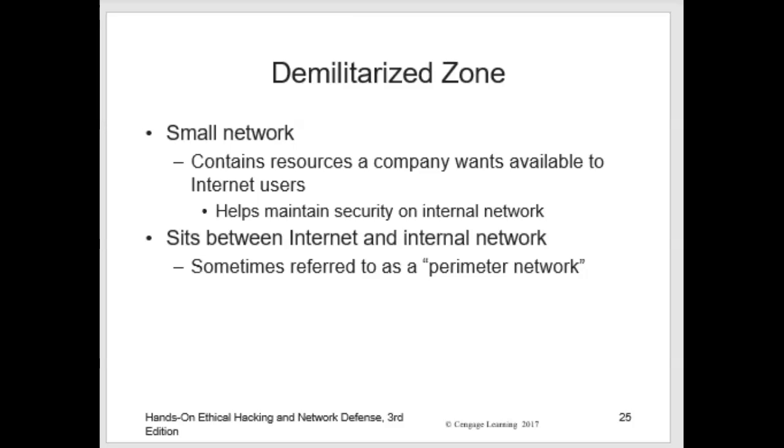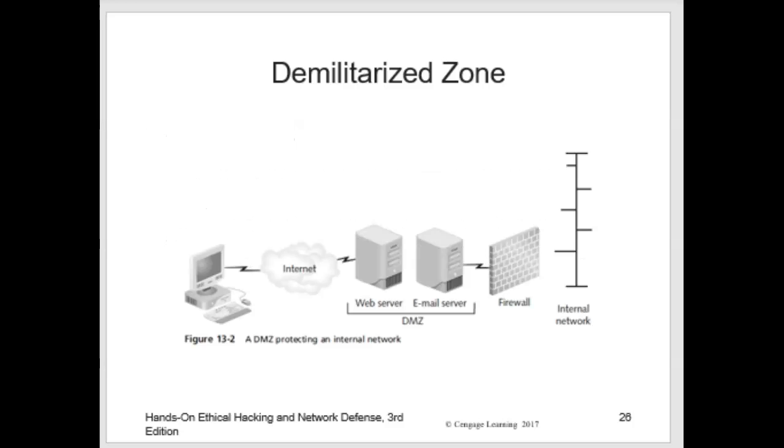So internet users can use the DMZ without going through the firewall, but a better security strategy is placing an additional firewall, as I mentioned, in the network setup, and they need to pass through essentially two firewalls. Here's a picture of what that looks like.